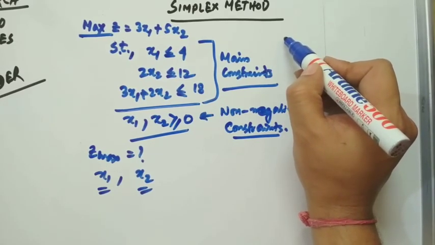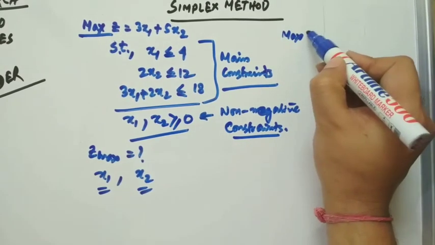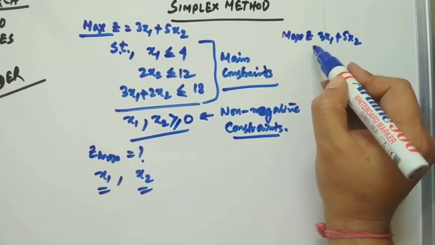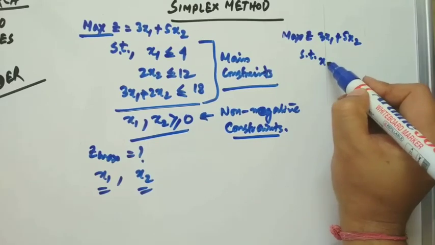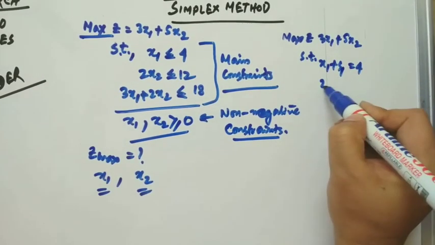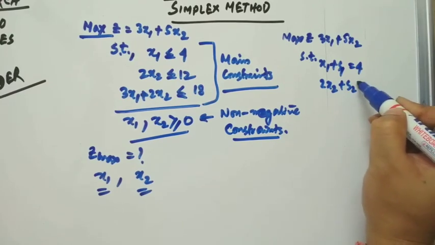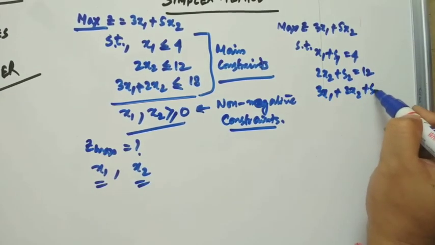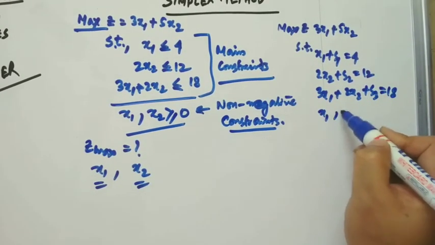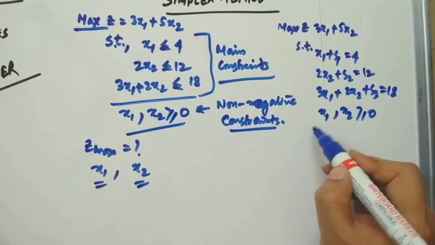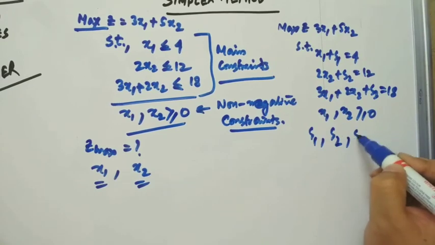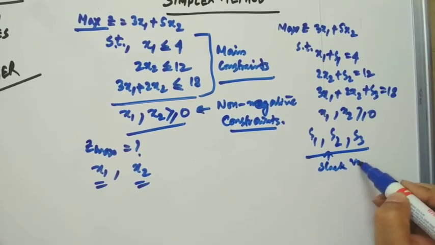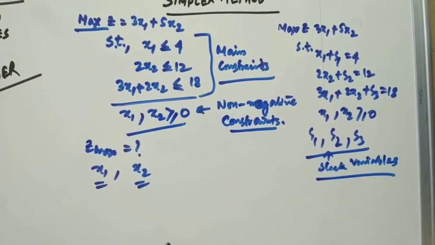We can write maximize z equal to 3x1 plus 5x2 subject to x1 plus s1 equal to 4, 2x2 plus s2 equal to 12, 3x1 plus 2x2 plus s3 equal to 18, and x1, x2 greater than equal to 0. Now these s1, s2 and s3 are the slack variables.